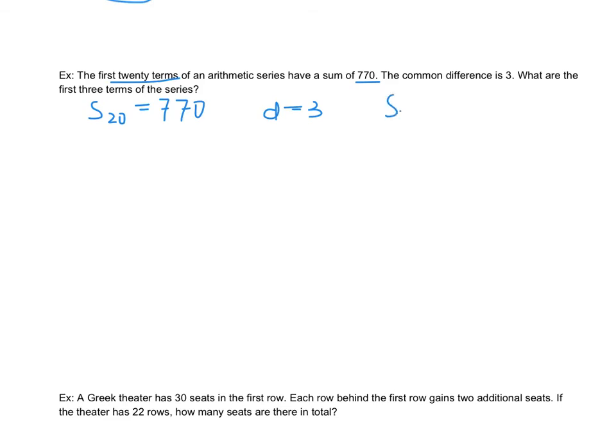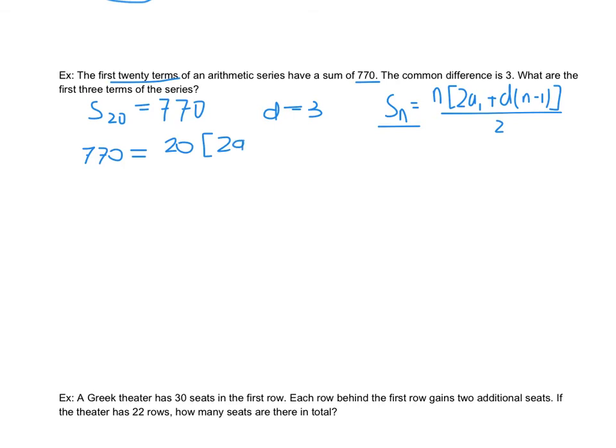So here I have to use my longer equation, so n(2a1 plus d(n minus 1)) all over 2. So I know what the sum is. I know it's 770. I know I have 20 terms, so n equals 20. I don't know my first term, so I have to keep 2 times a1.